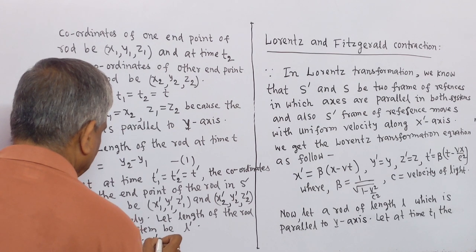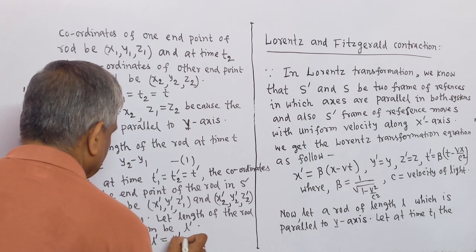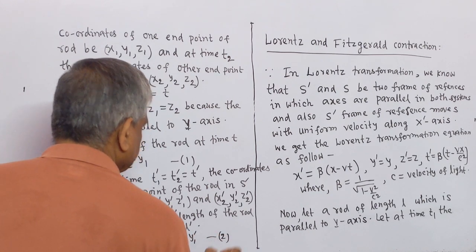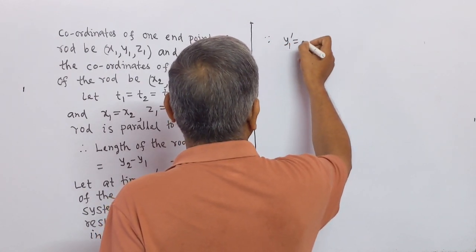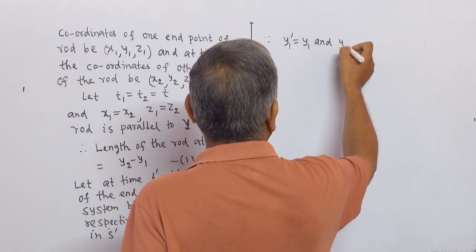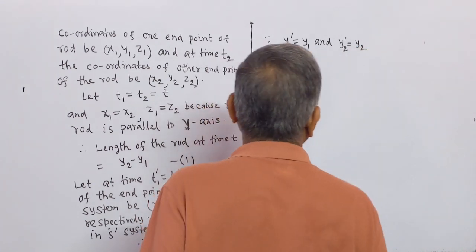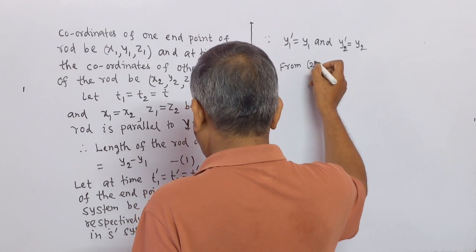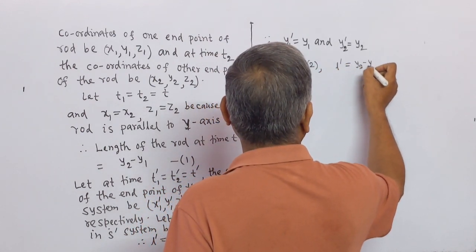Therefore, L prime equal to y2 prime minus y1 prime. This is number 2. Since y1 prime equal to y1 and y2 prime equal to y2, therefore from 2, L prime equal to y2 minus y1.